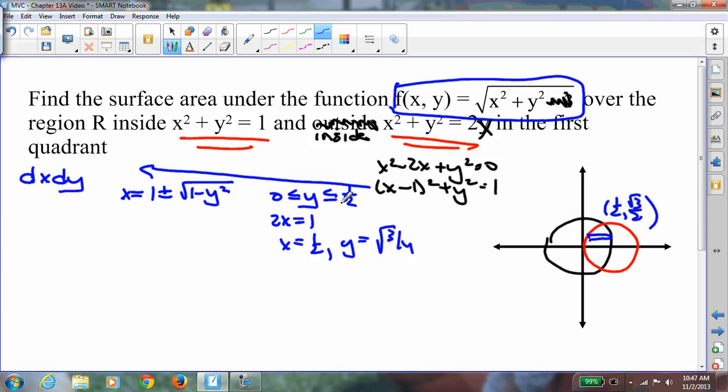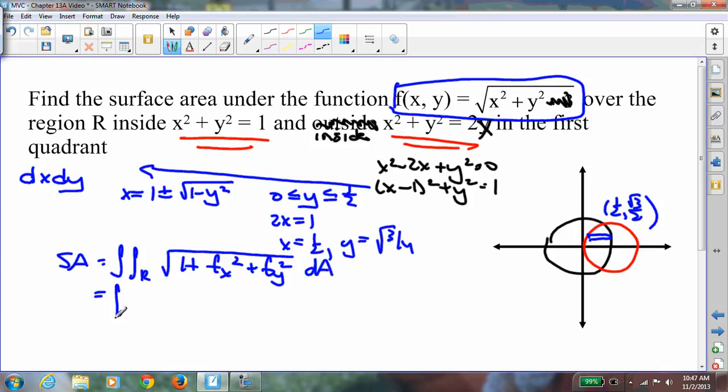So setting up the formula, just to remind you, surface area is the double integral over the region R that I'm trying to find the surface area for, square root of 1 plus f sub x squared plus f sub y squared, and then dA for whatever I decide for my area unit. Now, I'm going to do dx dy.